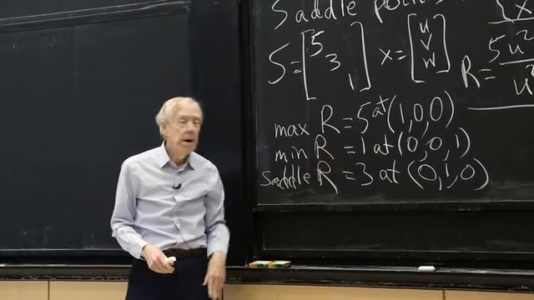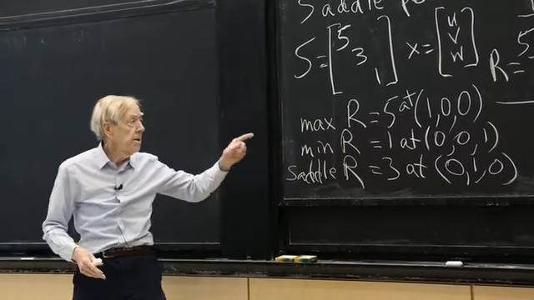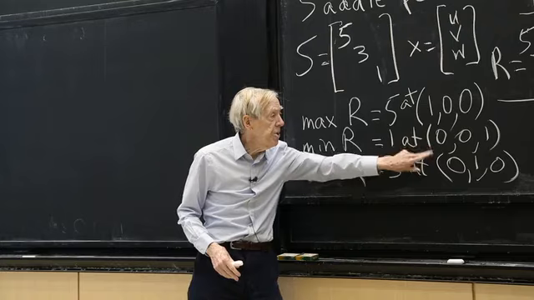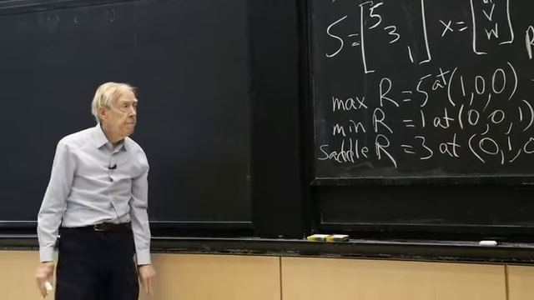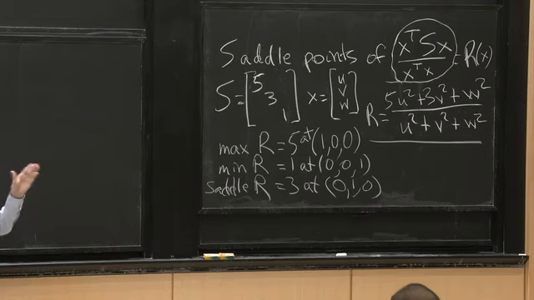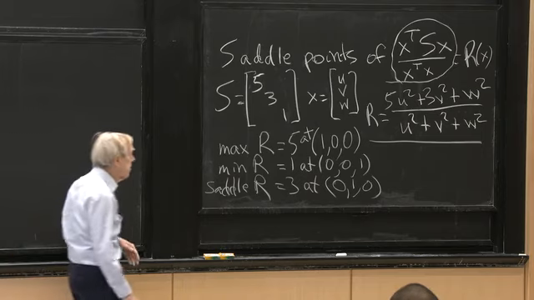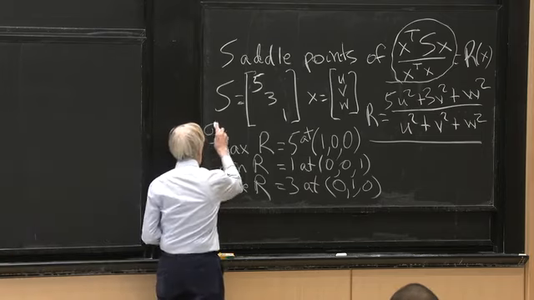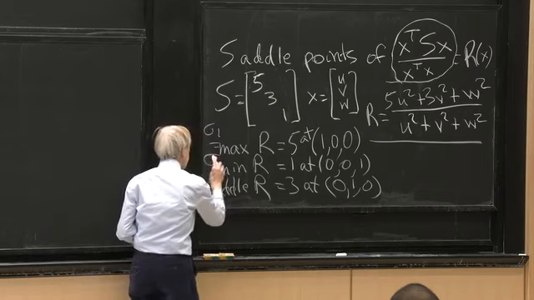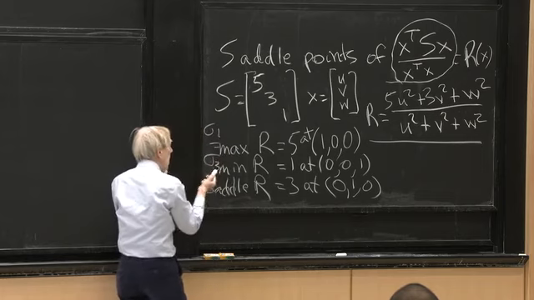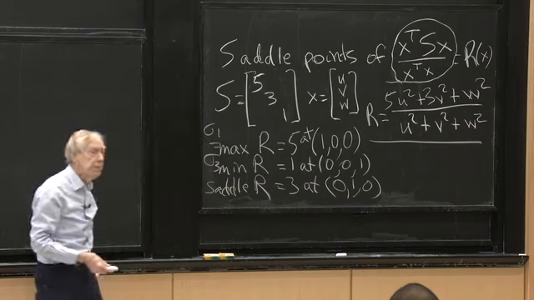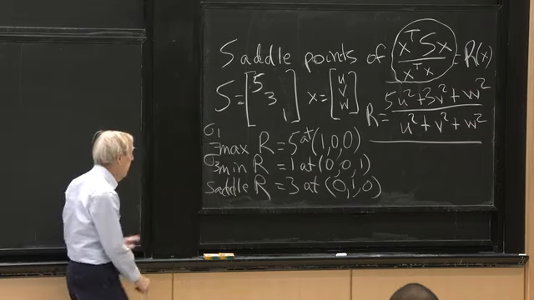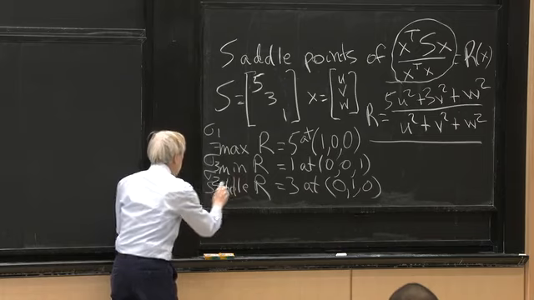The values there are the eigenvalues, and the places where you reach them are the eigenvectors. And so the max is the most important. So that's sigma 1. Here's sigma 3, or lambda and sigma, because the matrix is symmetric, positive, definite. And here in the middle is sigma 2.